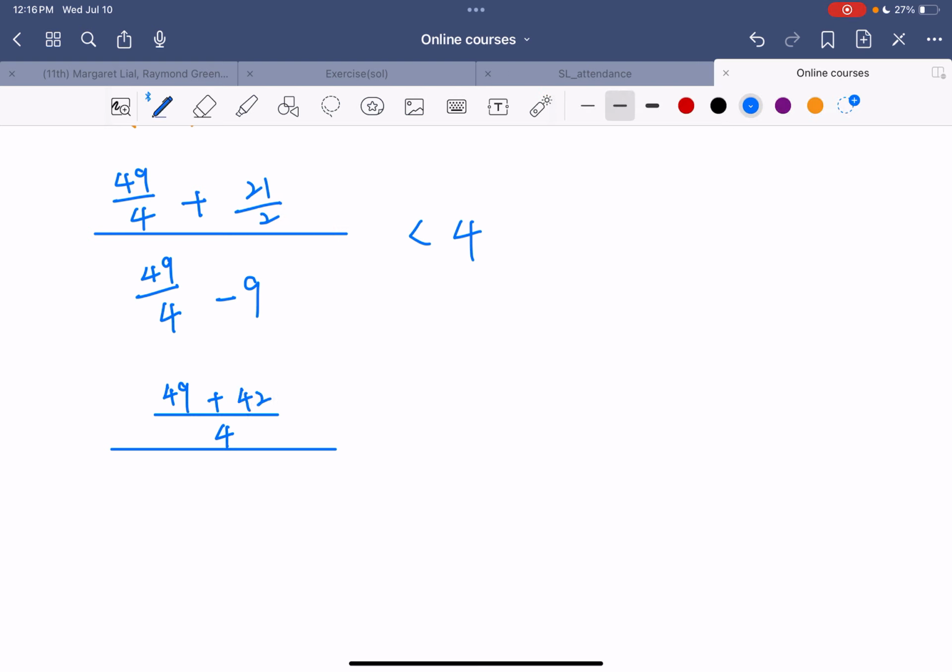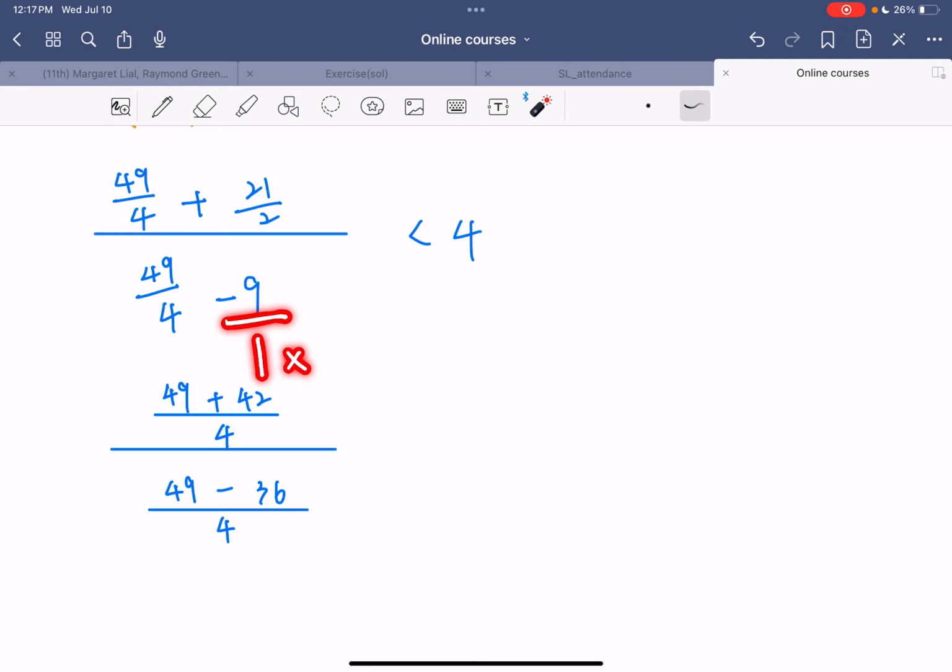And here we got 4 over 49 minus 36. Because same, we times the denominator, originally 1, with 4 and this with 4. So here we get 36. The denominator is 4. Okay. And less than 4.